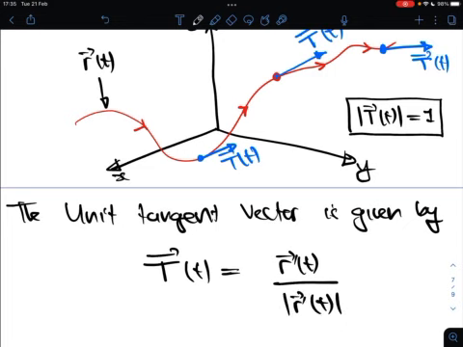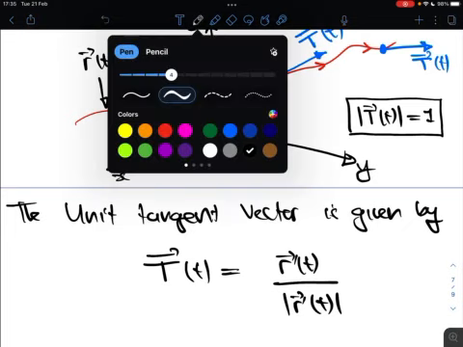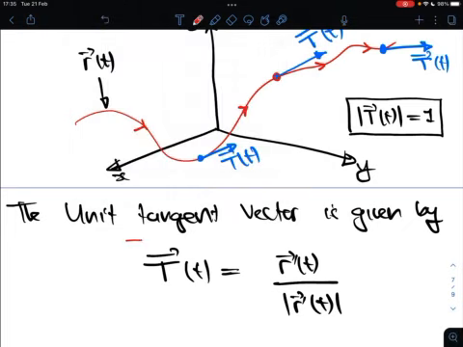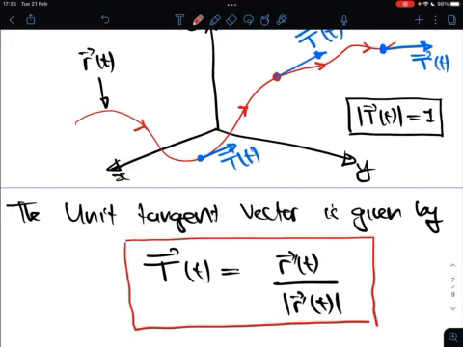So every time you evaluate the derivative and divide the derivative vector by its magnitude, you get what is called a unit tangent vector. So if you want to find it, this is the formula that you use all the time.